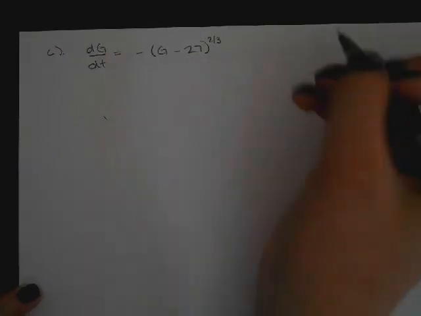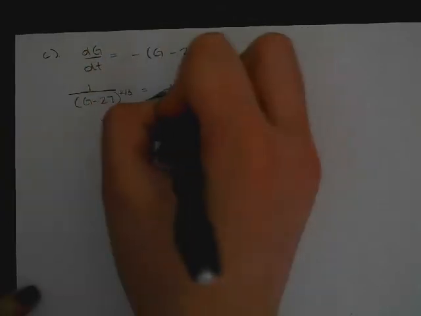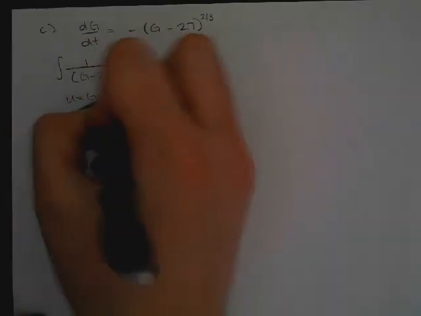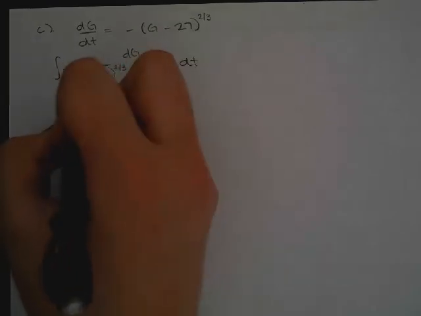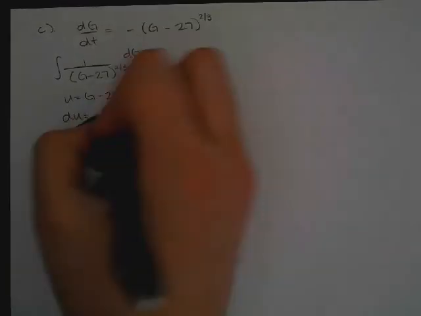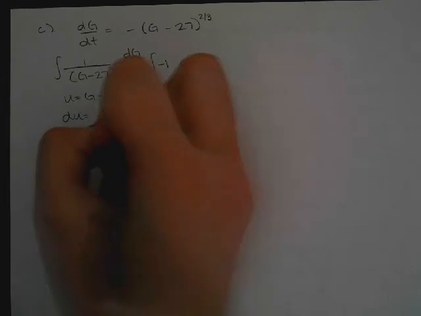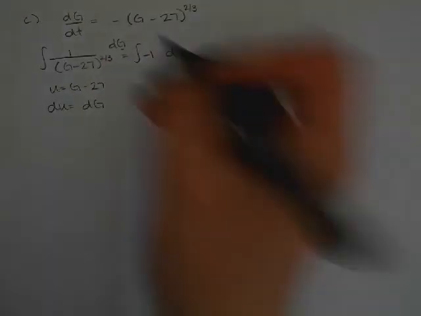All right, so I'm going to go ahead and take this chunk and divide it over. That was a dg, by the way. And then I'll integrate each side. So this is a u substitution problem. You could kind of avoid it if you want because the derivative of g is just 1, but I'm going to go ahead and use that notation anyway.